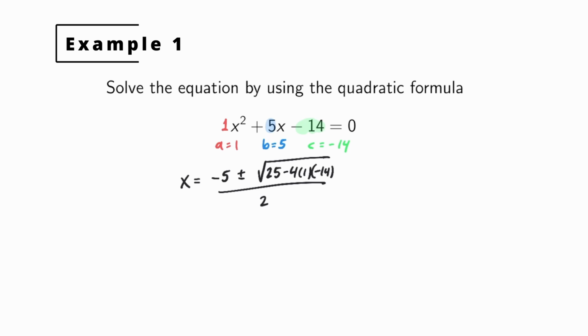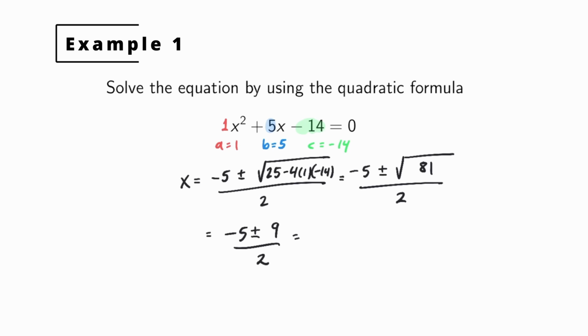Now, 4 times 1 times 14 is 56. So if we have negative 4 times 1 times negative 14, we get positive 56. So this will simplify into negative 5 plus or minus the square root. We get 25 plus 56, which is 81. We divide that by 2, and this will become negative 5 plus or minus the square root of 81, which is 9, all over 2.